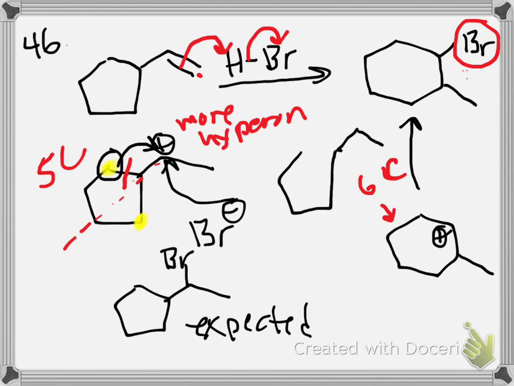So I'm missing this bond, but I am forming a new bond. The plus charge is now on this carbon, because over in the original molecule, it's that carbon that is losing electrons.